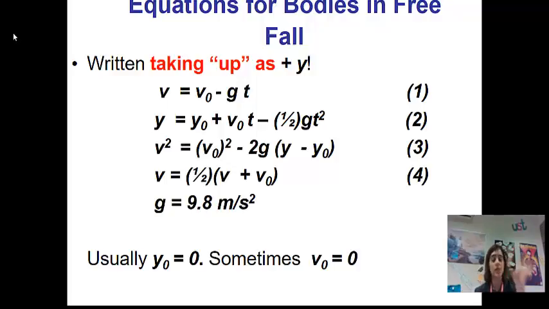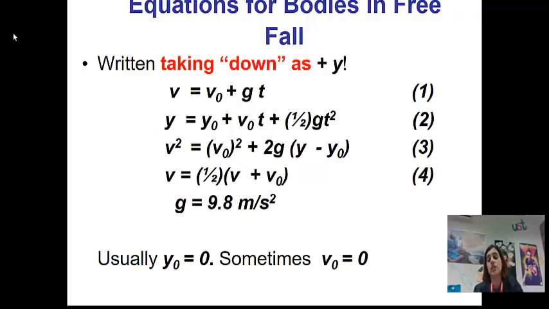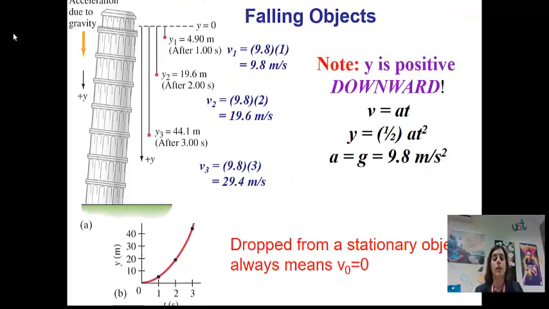Okay, so here are the equations for falling bodies, rearranged. They're the magic equations, but now we've replaced x with y and a with g. Okay, and you can take g as positive if you want, and this is the way you do it there. Okay, so here we go. We have an object being dropped from the Leaning Tower of Pisa, just like Galileo did.